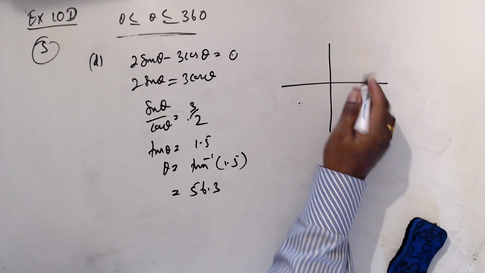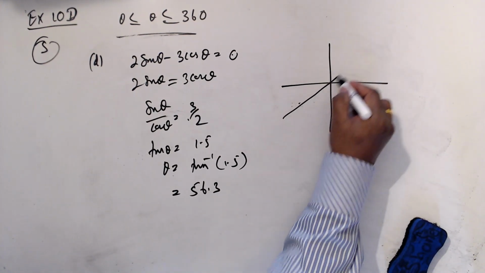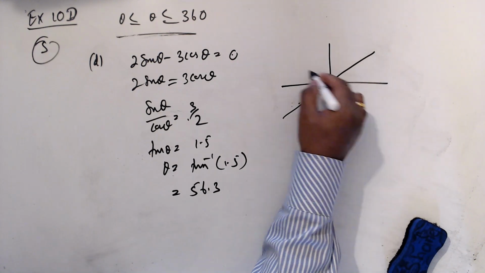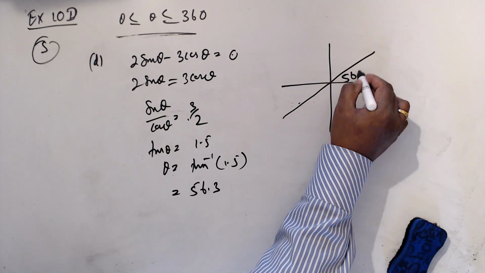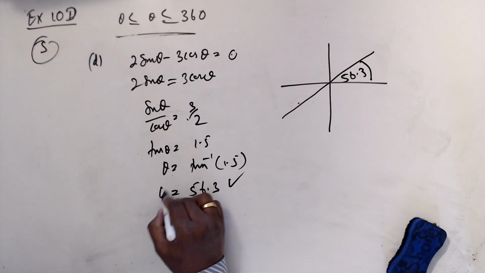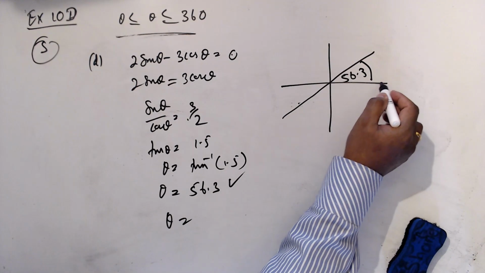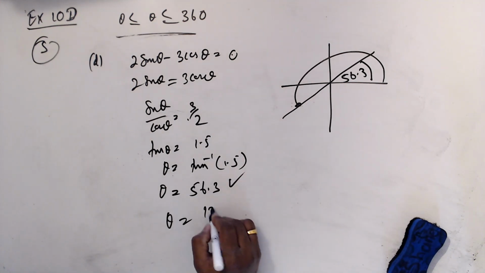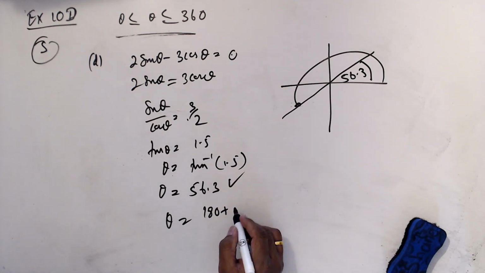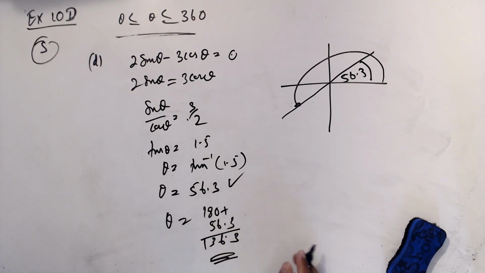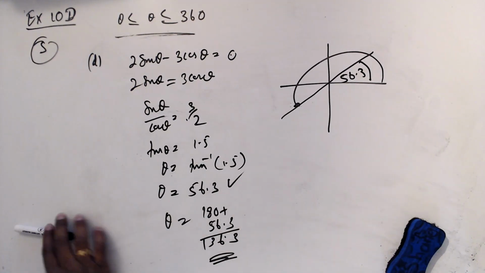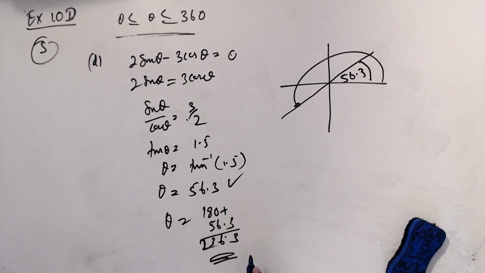Tan is positive in first and third. So I'm not going to draw the other one. So first is 56.3. Already that is fine. And the third is positive, this one, 180 plus 56.3, 236.3.